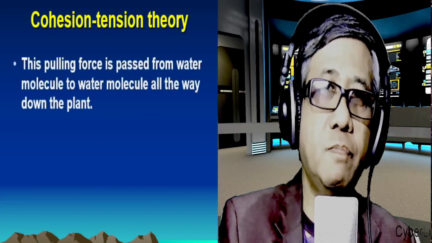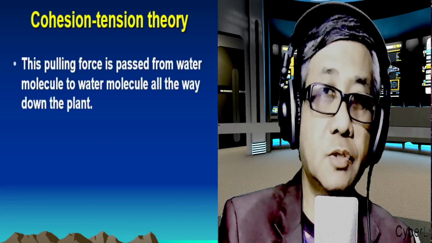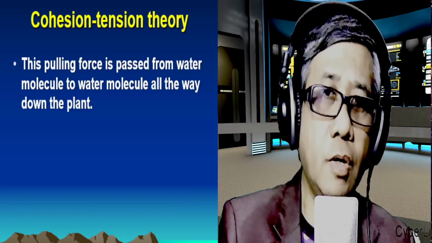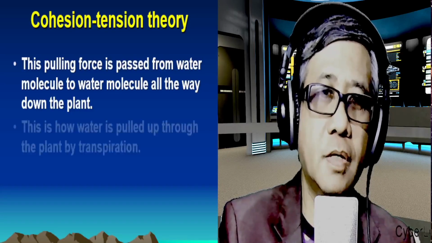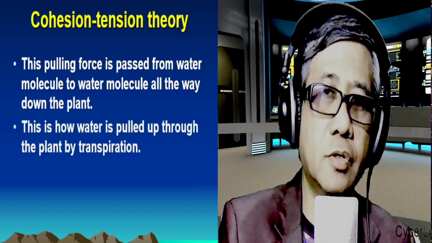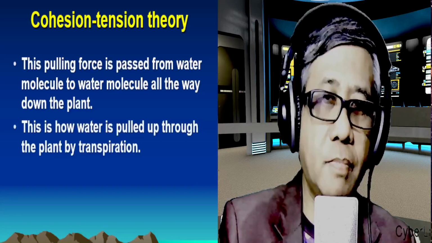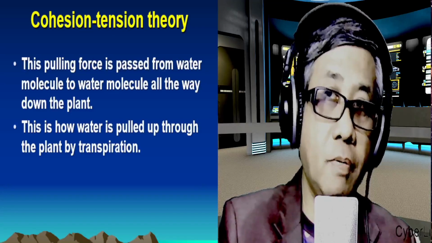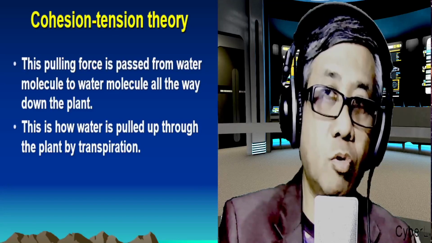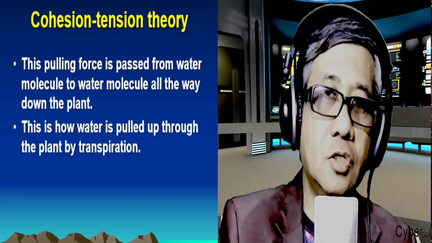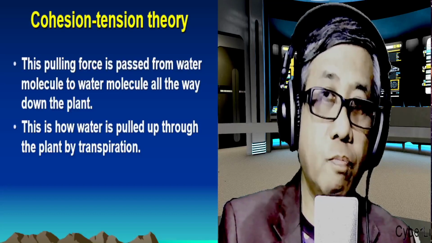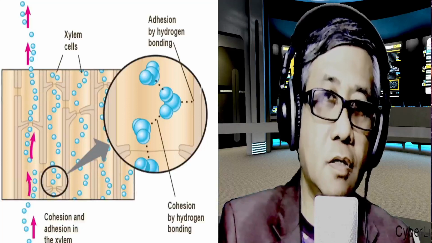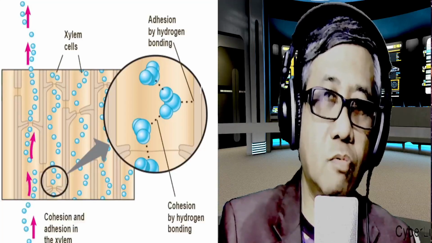This pulling force is passed from water molecule to water molecule all the way down the plant. And this is how water is pulled up through the plant by transpiration. So, even though capillary action has a limit of only 32 feet, cohesion tension theory will continue to pull water molecules up to 300 feet in the case of the sequoia redwood.